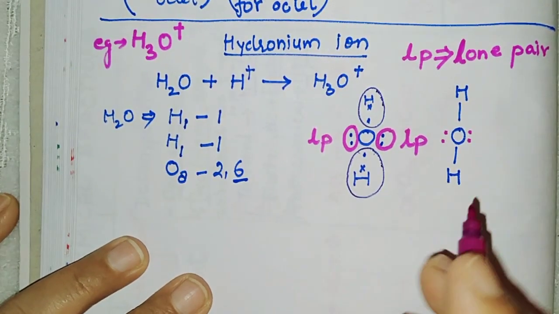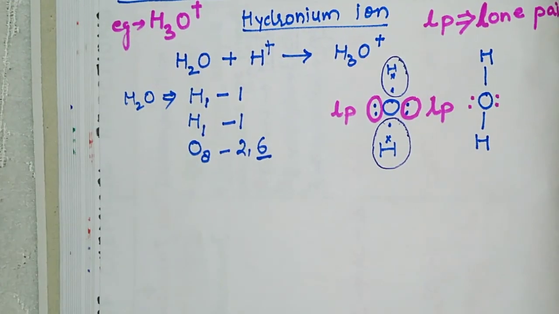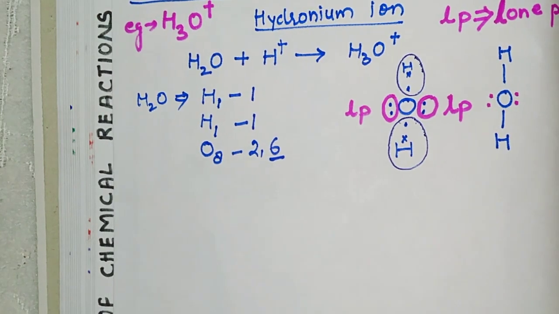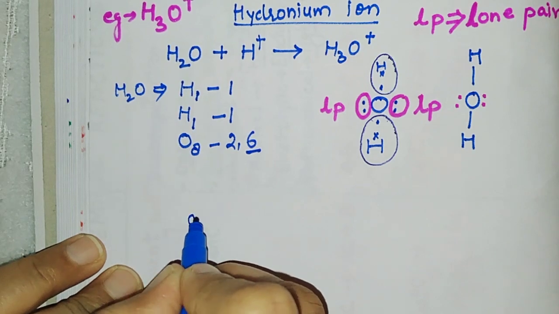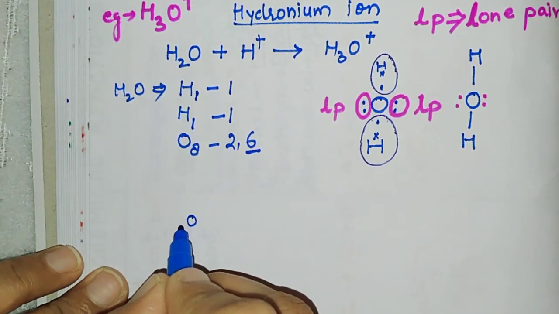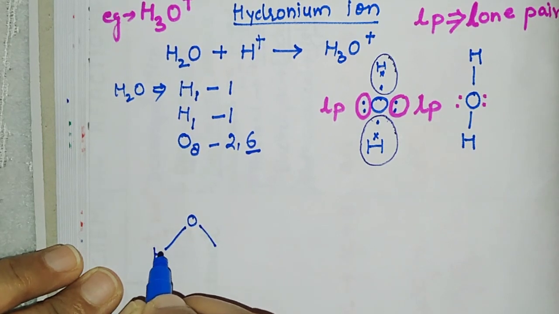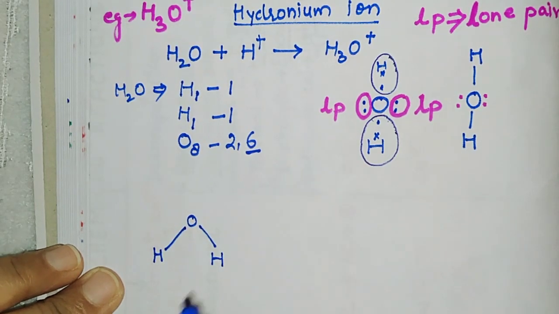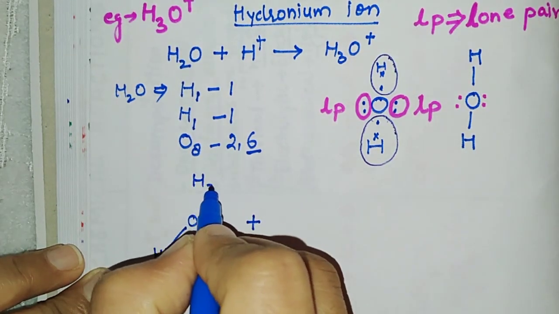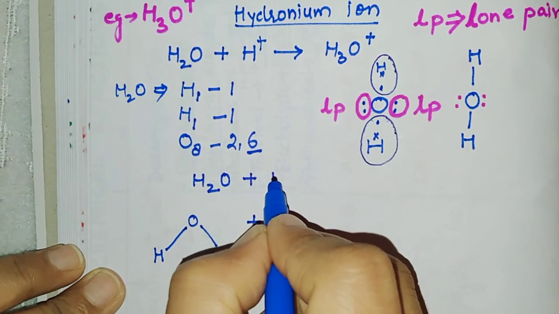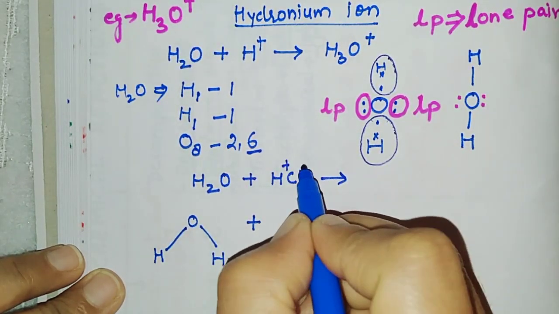Now see, this is the water molecule. Due to this lone pair, there is repulsion. Your water molecule becomes bent like this. Now suppose the water molecule is reacted with an acid, this is H+ and Cl-.